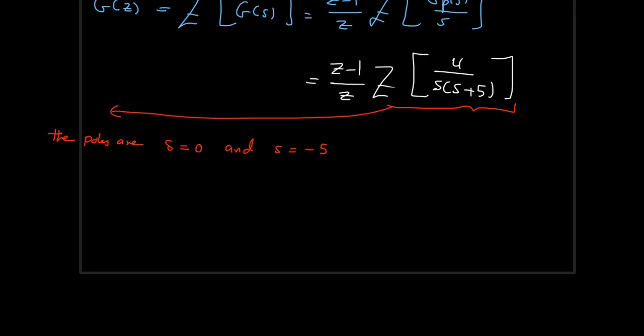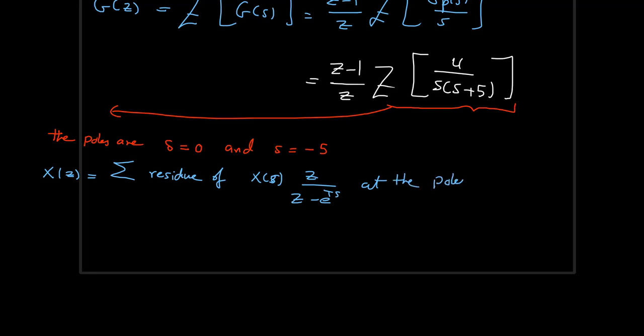Recall x of z will equal the summation of the residues of x of s z over z minus exponential T s at the poles of x of s. Now here we have simple poles at s equal to 0 and s equal to minus 5.